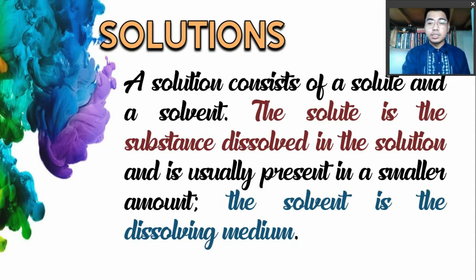A solute is the substance dissolved in the solution and is usually present in smaller amounts, while the solvent is the dissolving medium. The most common example of a solution is seawater. In seawater, the solute is salt and the solvent is the water itself.